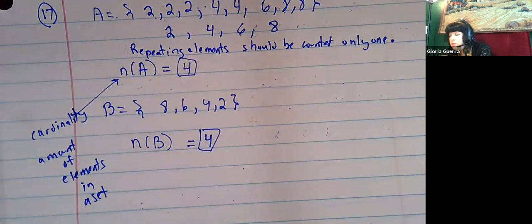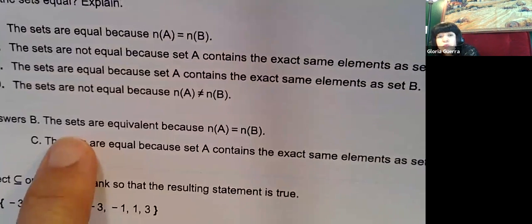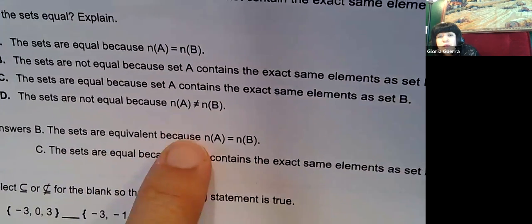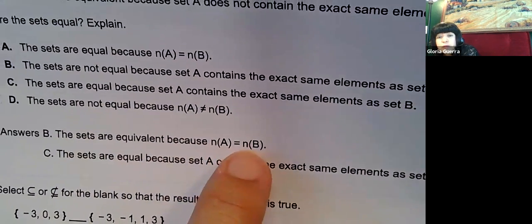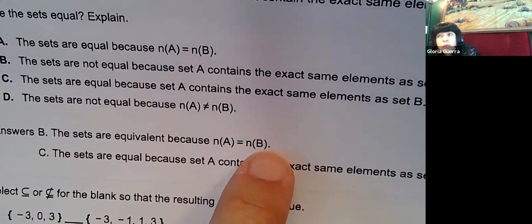So we can say that A and B are equivalent. They have the same cardinality, which is namely 4. So if I look at my write-up for that, it does say the sets are equivalent, and see, N of A equals N of B, and you should also write, which is namely 4.